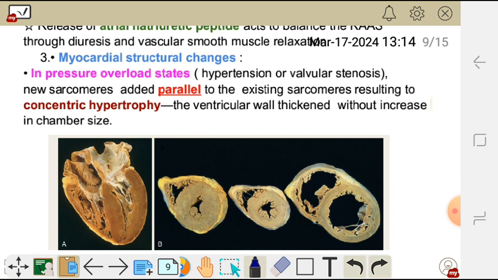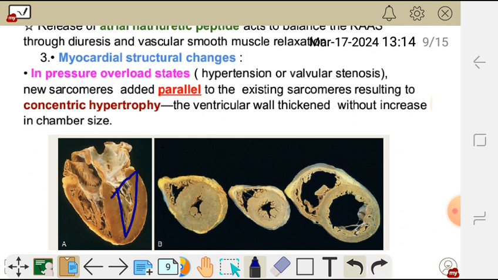Once they are added, we are going to observe hypertrophy, so the thickness of the heart will increase. Once the thickness is increased, the volume of the chambers is not increased, so the volume will be less, and that will also lead to other consequences.